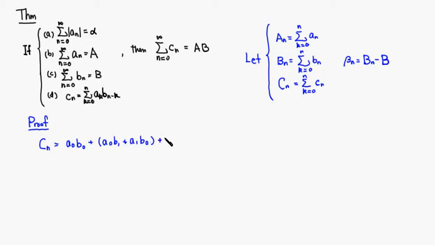And the next one is A0 times B2 plus A1 times B1 and A2 times B0, right? Keep on following the same pattern, and the last term would be A0 Bn, and so on, and An and B0.